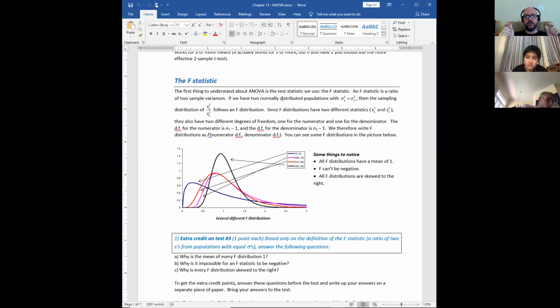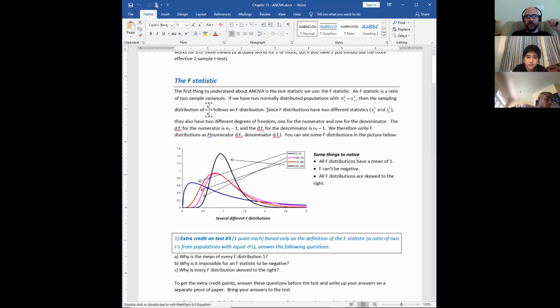Then you make a ratio out of their variances, S1 squared over S2 squared. The F distribution is the sampling distribution of that statistic, S1 squared over S2 squared.